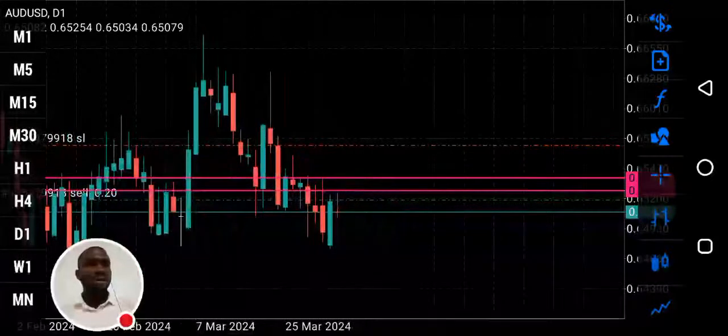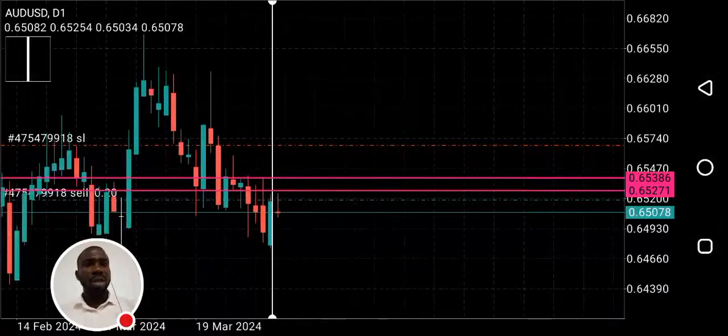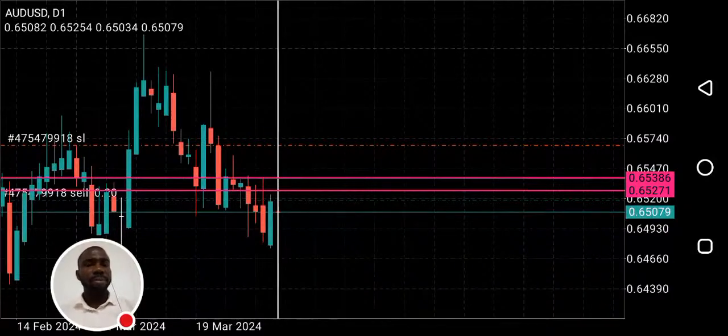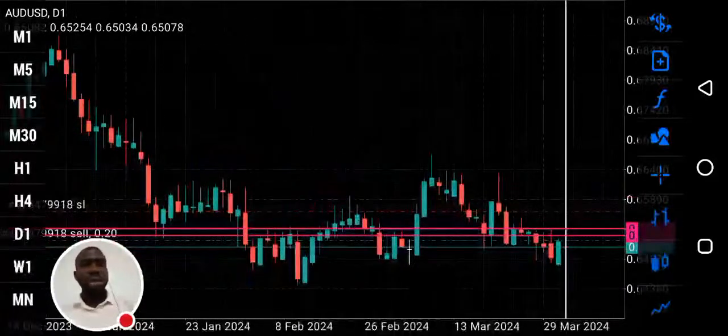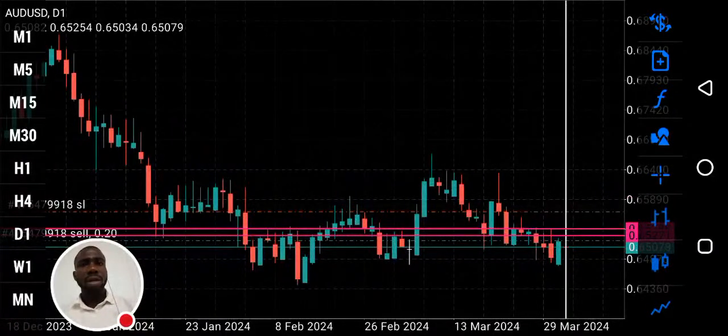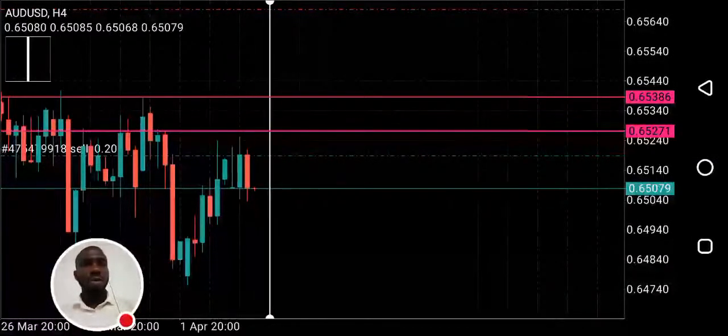Now let's go down to 4 hour. After the close of yesterday's candle, what pattern do we have on 4 hour? Is it a bearish or a bullish pattern? Let's go to 4 hour and see. Okay, so you can see how yesterday's candle closed on 4 hour.